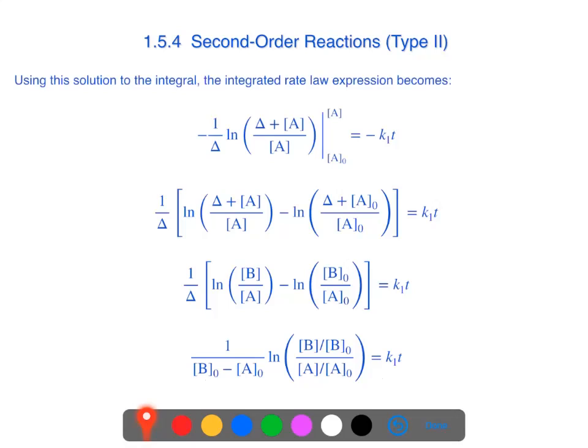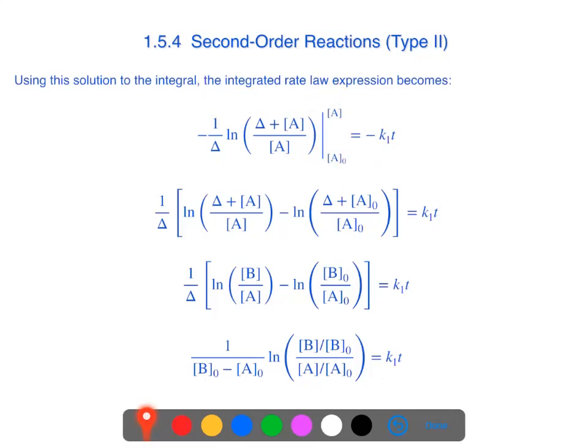Using this solution to the integral, the integrated rate law expression becomes the following. Here's our solution with our two limits. And the right-hand side is simply, as usual, minus K1t.